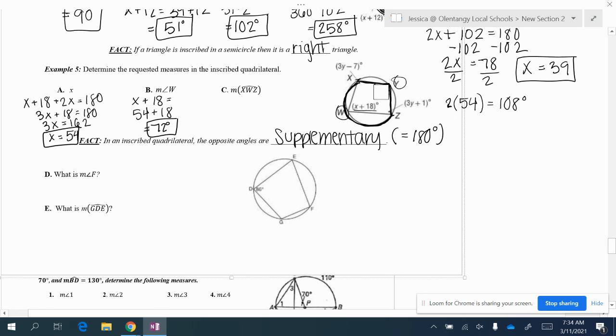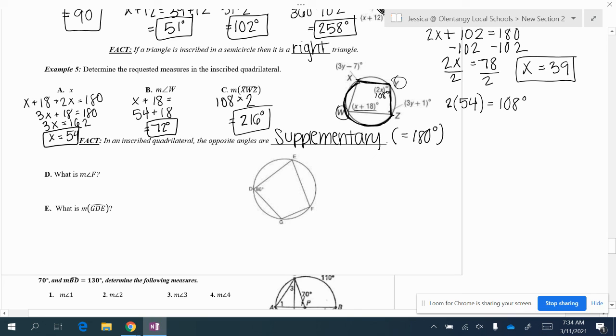So this angle is 108 degrees. The arc is always bigger than the angle, so I'm going to take 108 and multiply it by 2, and 108 times 2 is 216 degrees.